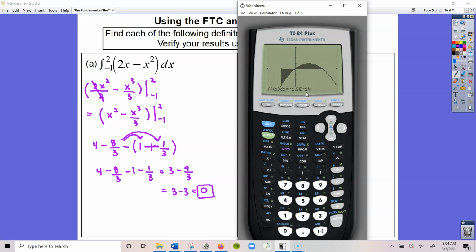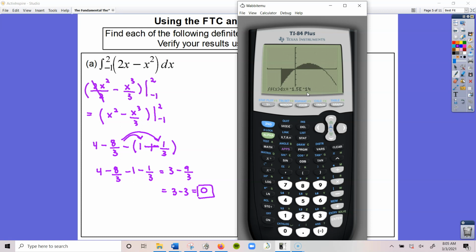This is kind of like scientific notation. Whenever you see the e, that means that it's 10 raised to the exponent of -14, meaning that we move this decimal over to the left 14 times. So that's what a negative exponent here means after the e. Move the decimal to the left that many times.